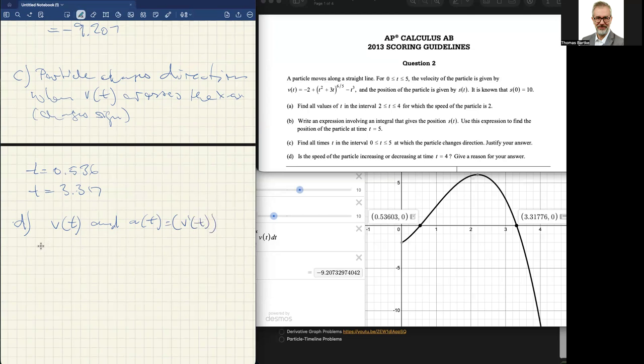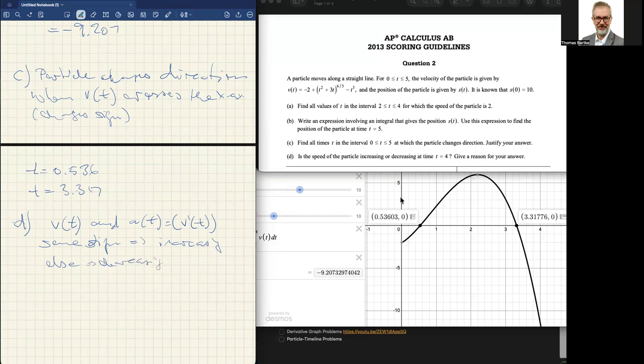If they have the same sign, then the particle speed is increasing, and in the other case, it's decreasing. Okay, so these are the conditions.